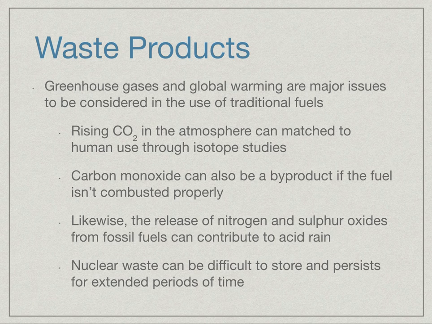So the big one, you probably all know this, with waste products is, of course, greenhouse gases. Rising CO2 levels in our atmosphere are dangerous, and we know that we people are causing the rising CO2 levels because we can actually match it through isotope studies.